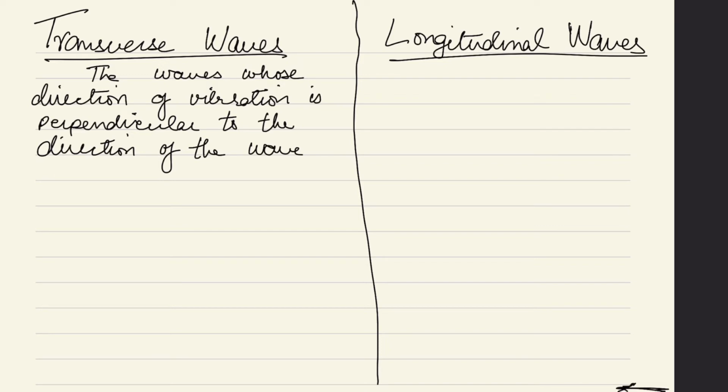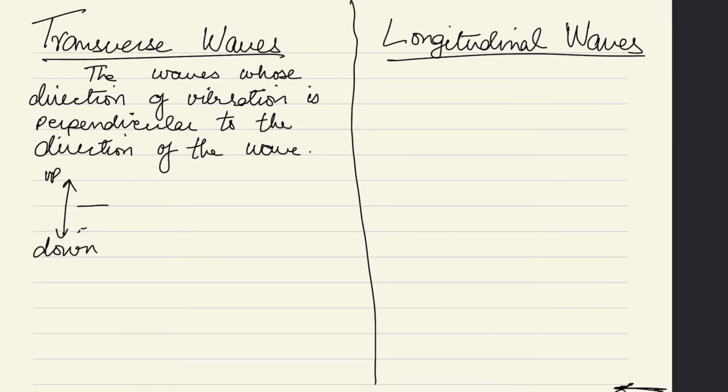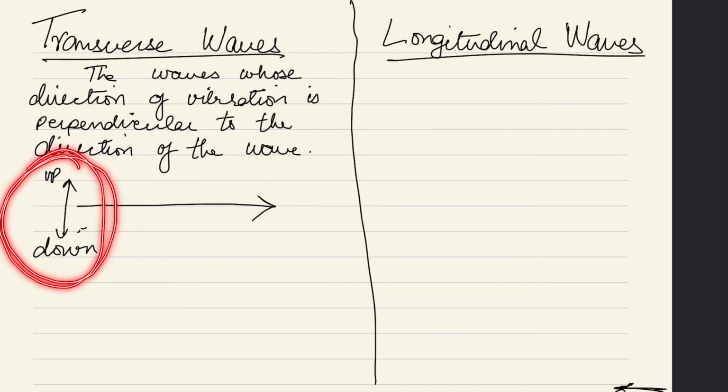For example, our wave is vibrating up and down, but the direction of the wave is to the right. So you see, the wave is vibrating in the vertical direction, but the direction of the wave is in the horizontal direction.